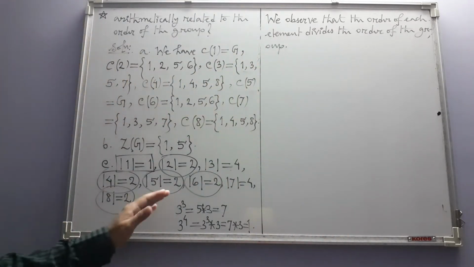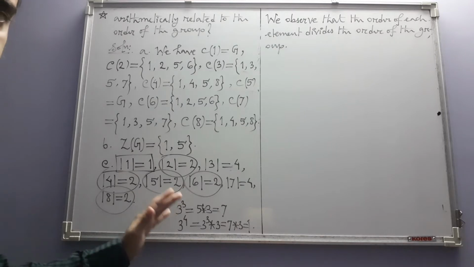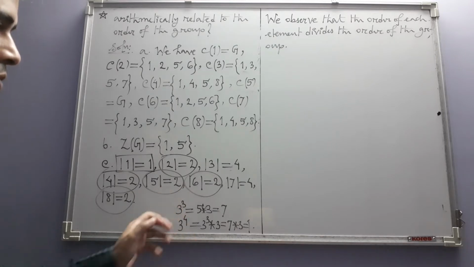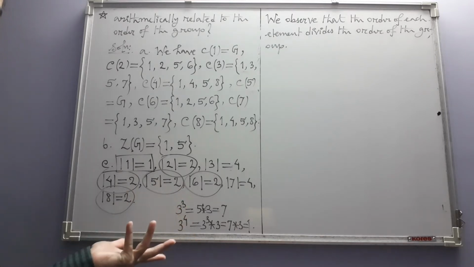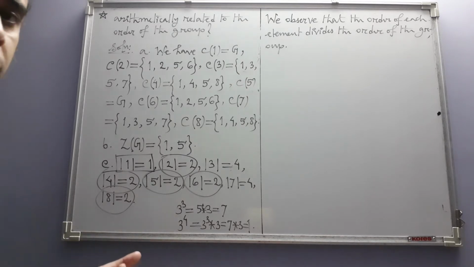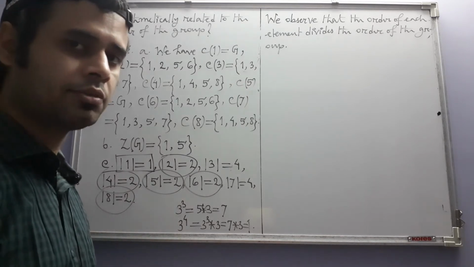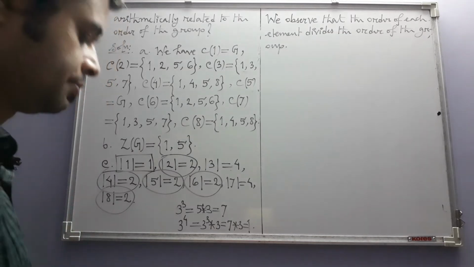Obviously, it's only an observation. We have not yet proved it generally. It generally is also true. In a finite group, if you calculate the order of any element, it must be a divisor of the order of the group.